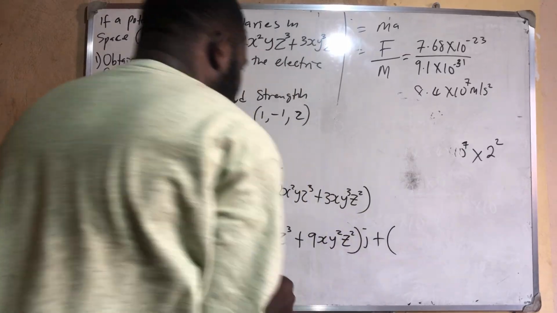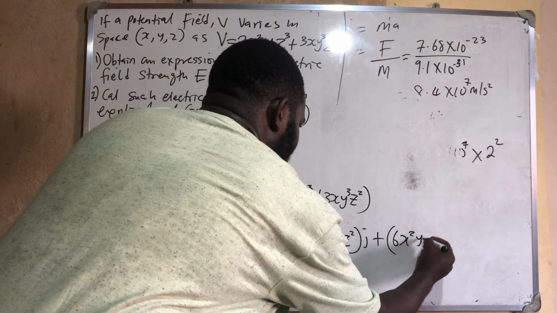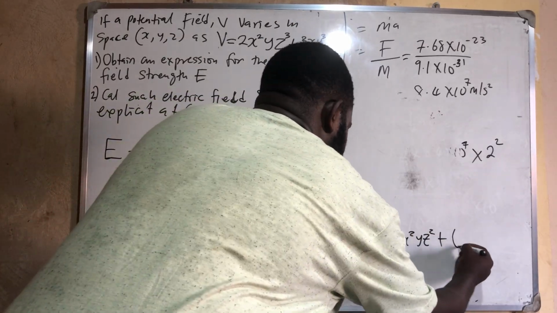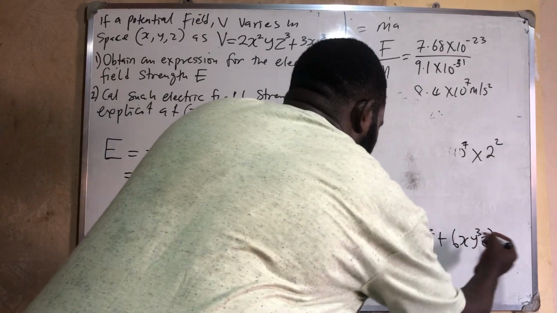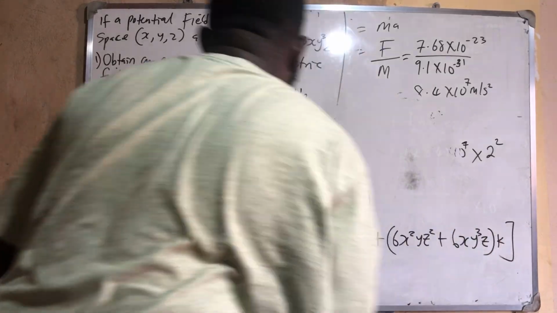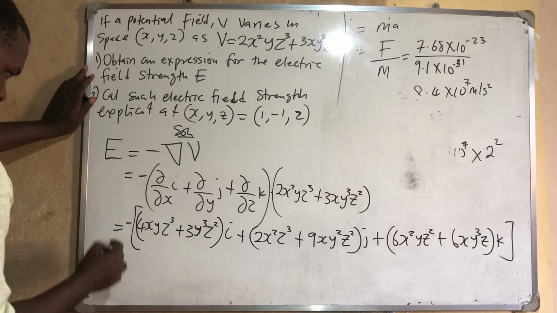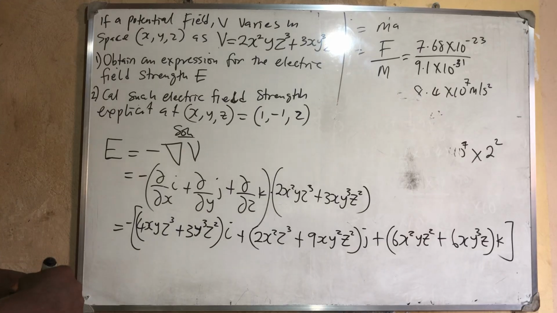So I open bracket again. 2 times this is 6x squared yz squared plus 3 times 2 is 6xy cubed z. All right, I put my k and close my bracket. So that is the expression we are asked to find.